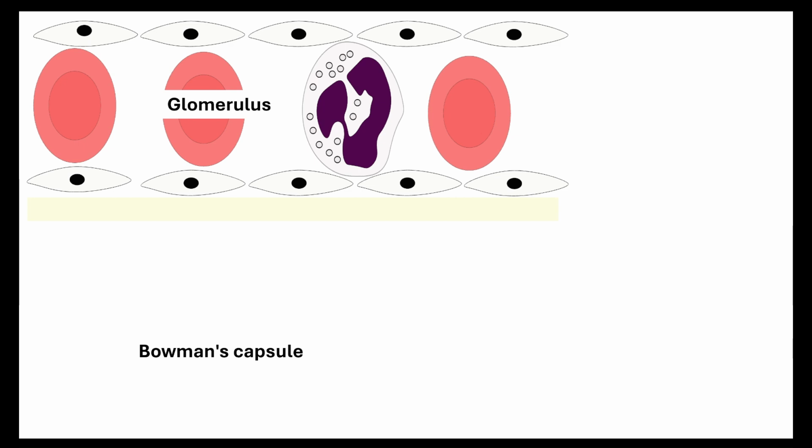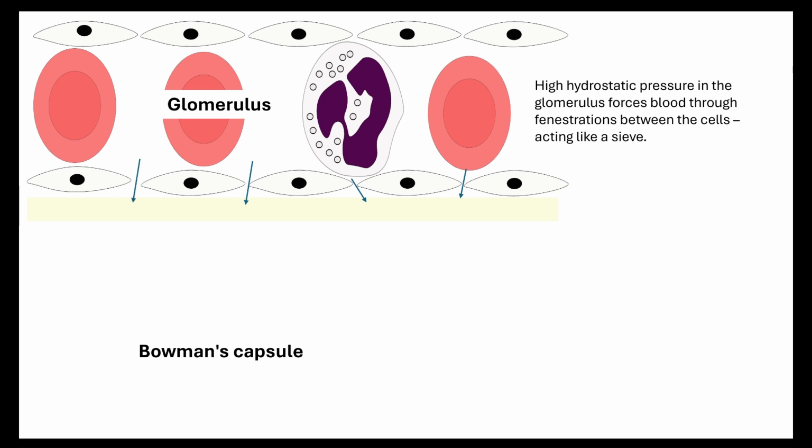Let's have another look and zoom in further. We've got our glomerulus, we've got our Bowman's capsule, and we know that the glomerulus is this bundle of blood capillaries. That high hydrostatic pressure in the glomerulus is going to force the blood through fenestrations between the cells. Those fenestrations between our squamous endothelial cells allow the blood to move through, but it acts as a bit of a sieve, stopping large molecules from getting through.